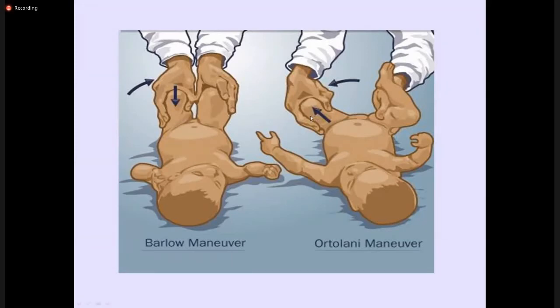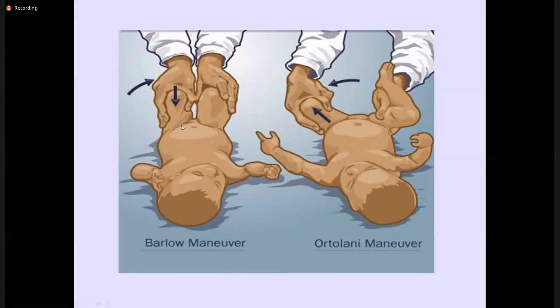The head of the femur comes back inside the acetabulum with a crunch-like sound, and you can feel that this is a dislocated hip. So the Ortolani maneuver is for the dislocated hip, and the Barlow maneuver is for the dislocatable hip. These are the two that differentiate.